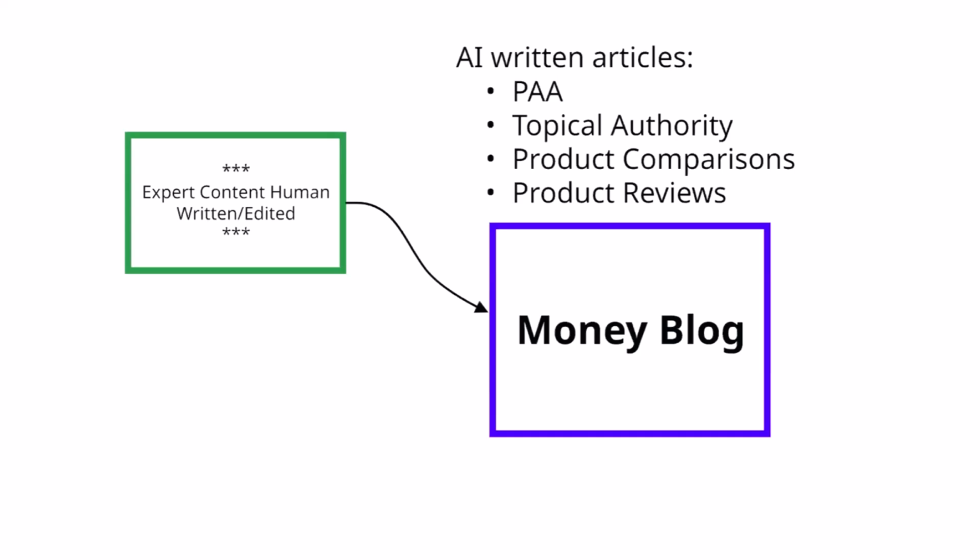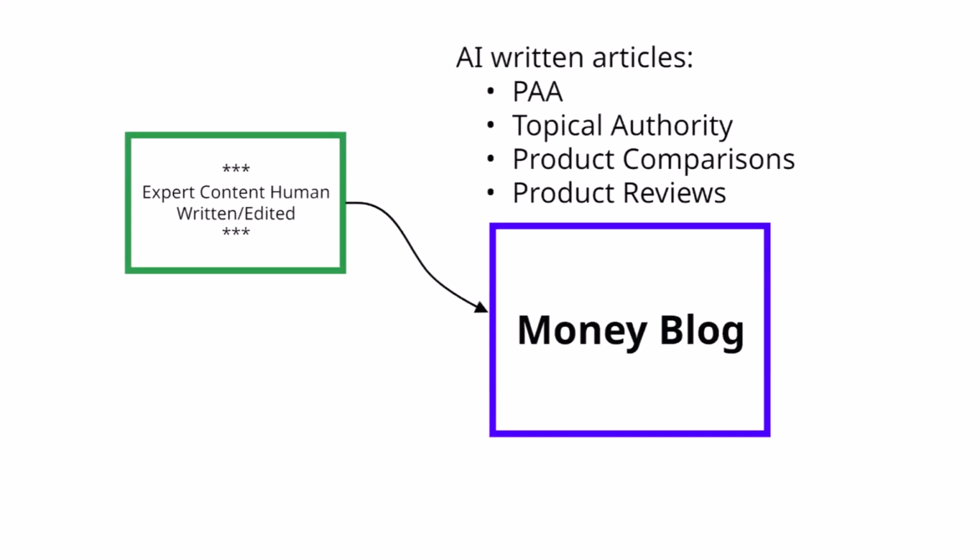But inside the money blog, we have expert content that's human written or at least human edited. Now we're going to talk about how we get there later in the call today. But we're going to talk about AI written articles also. So where do we get our AI articles? People also ask questions, topical authority questions, product comparisons, product reviews. This is what we put inside of our money blog.